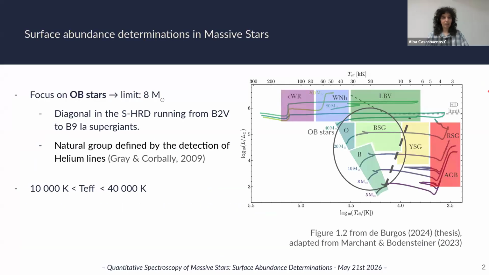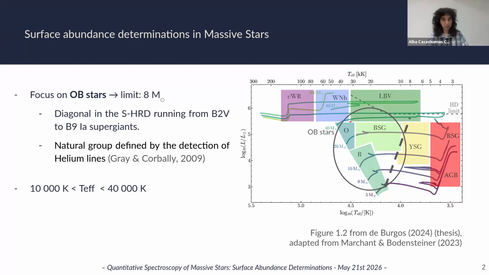In this first slide, I am including on the right a spectroscopic HR diagram of massive stars in their different evolutionary stages. For the purposes of this lecture, we're only going to be focusing on OB stars, which are these stars over here, and they are divided into different groups.